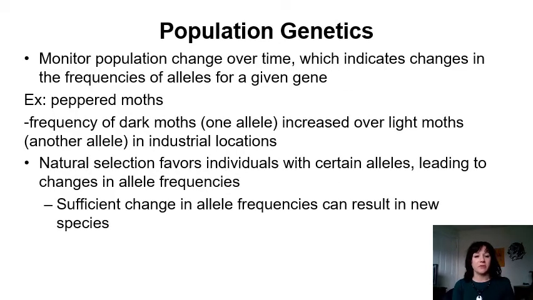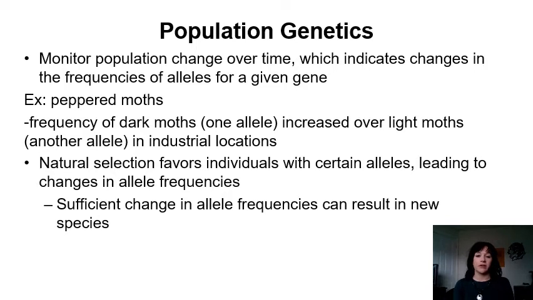So for example, in population genetics research, you could be looking at the case of the peppered moths that we talked about earlier. So scientists found that different environments favored lighter colored versus darker colored moths. And we knew that that color property had a genetic basis. There was a gene responsible for moth color.